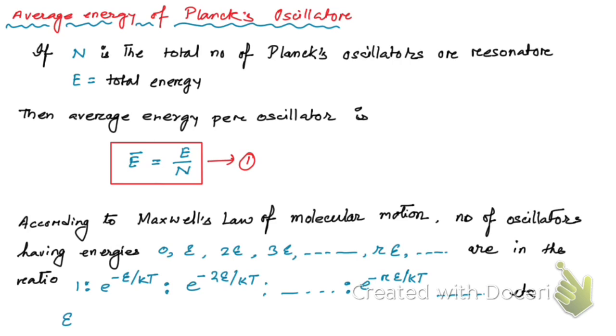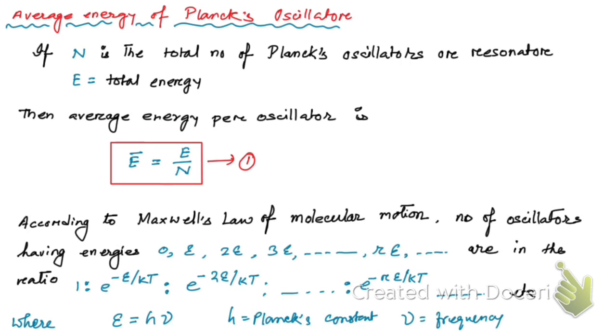So epsilon is equal to h nu, where h is Planck's constant and nu is the frequency of radiation. Now let me take a new slide.